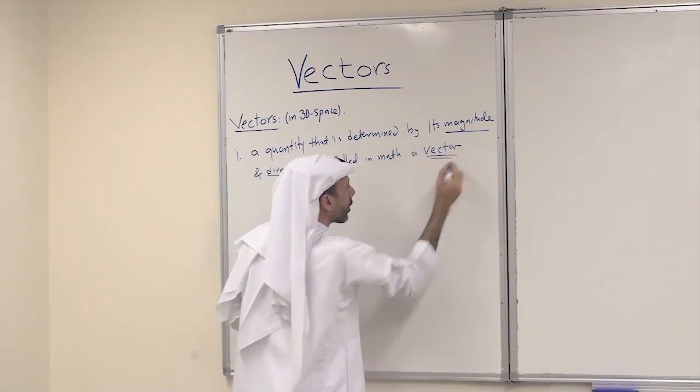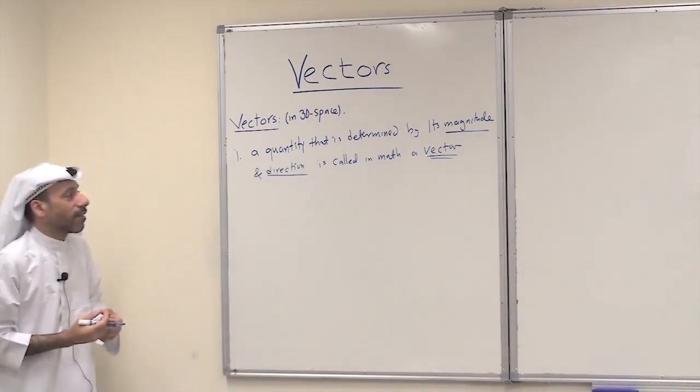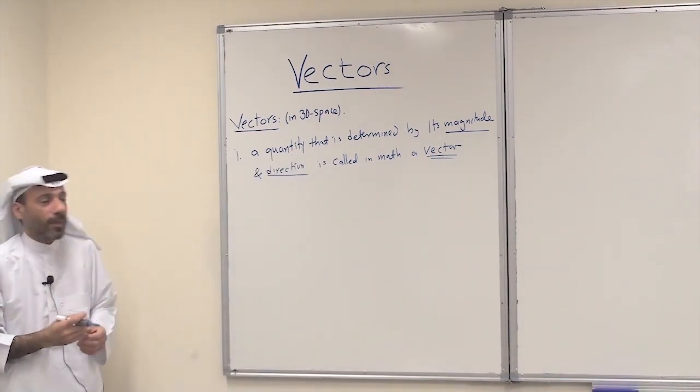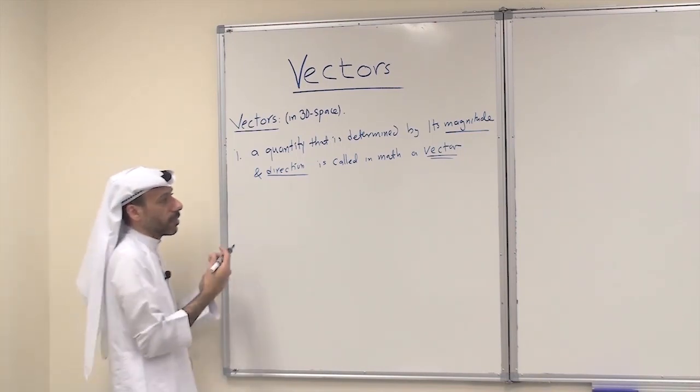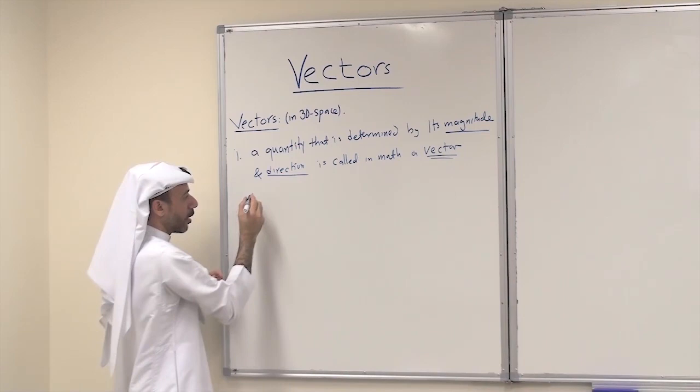So this is a mathematical term representing any quantity determined by its magnitude and direction. This is the meaning of a vector in mathematics.